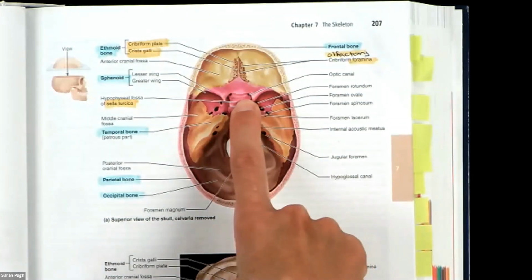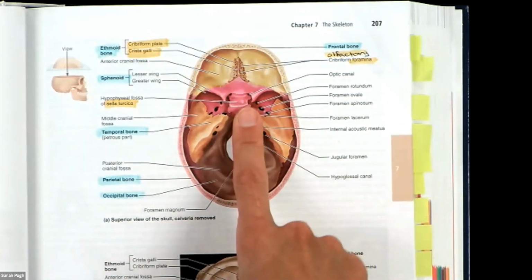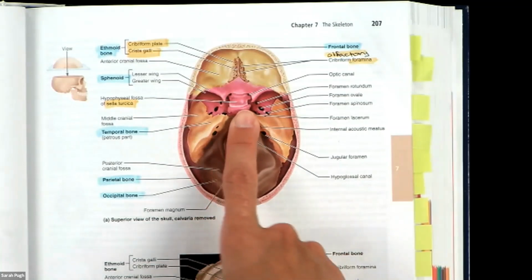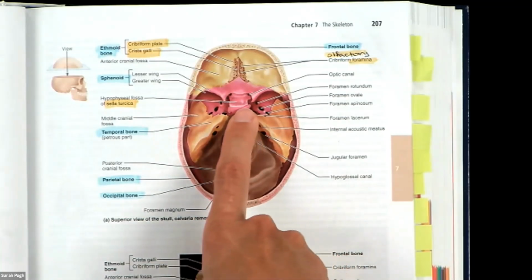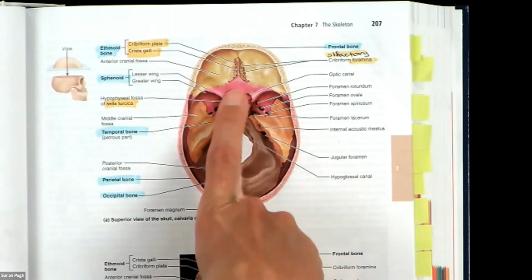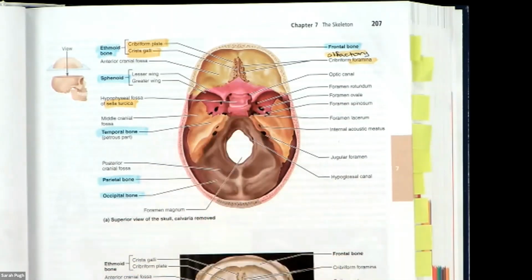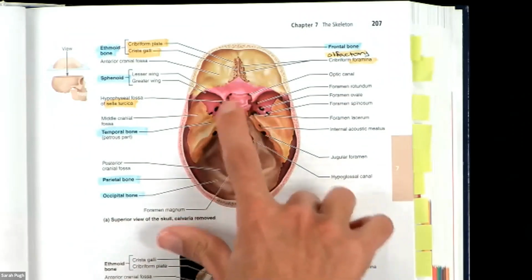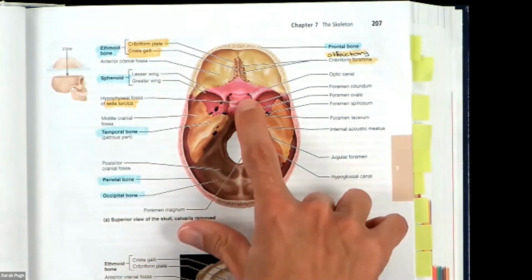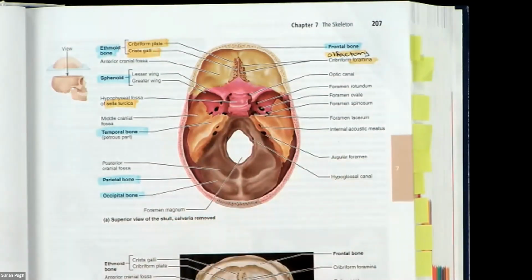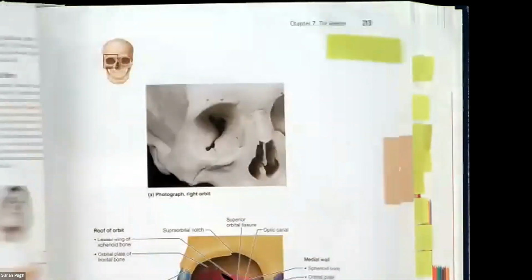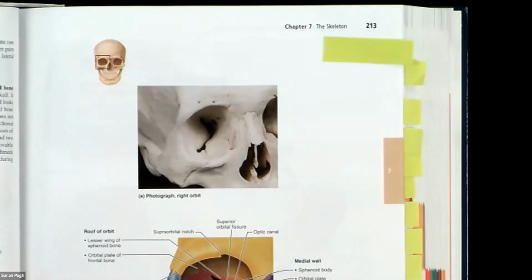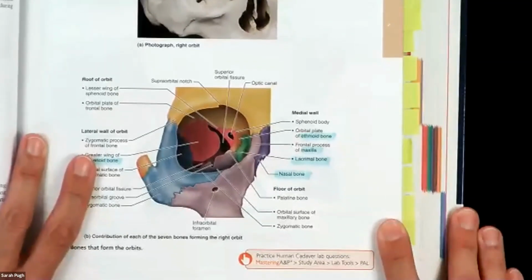Your pituitary gland is super important. It is a gland that releases a huge number of hormones in your body. And so it is nice and protected by bone. It's basically surrounded by bone as it sits in the sella turcica. Okay. Everybody okay on the skull markings so far?